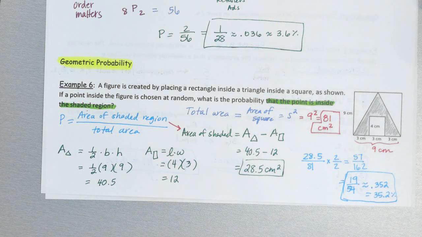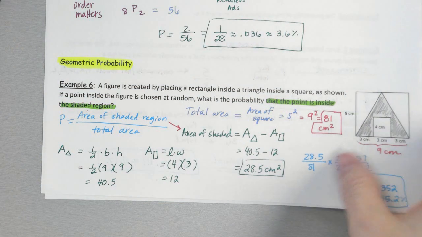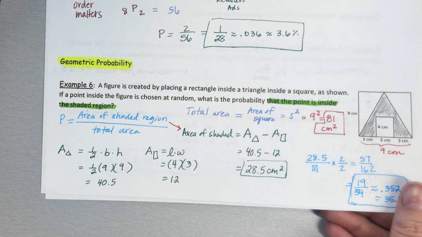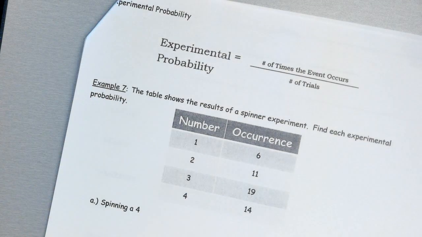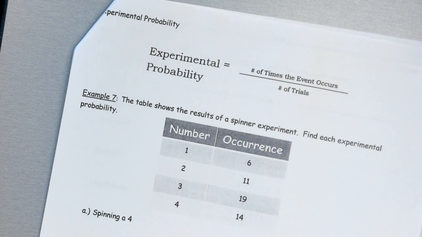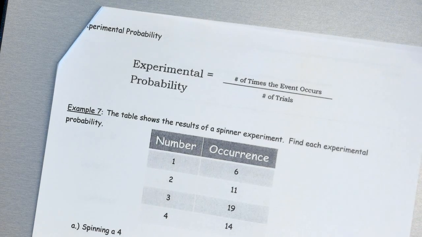Great. All right, there's one more thing that we're going to talk about today, and that is experimental probability. When you are conducting some type of experiment, in this case spinning a spinner, there's going to be a record of what happened during the experiment.